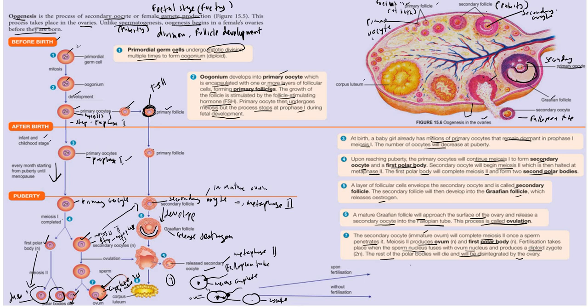So that is the meaning. So now you know that actually we do not release ovum during the menstrual cycle, during ovulation. We release secondary oocyte. Ovum is just produced when the secondary oocyte is penetrated by the sperm.